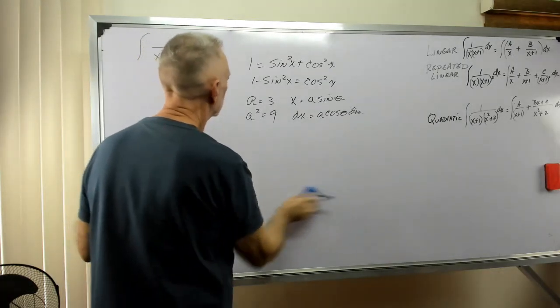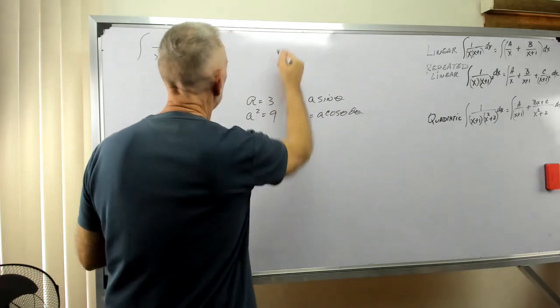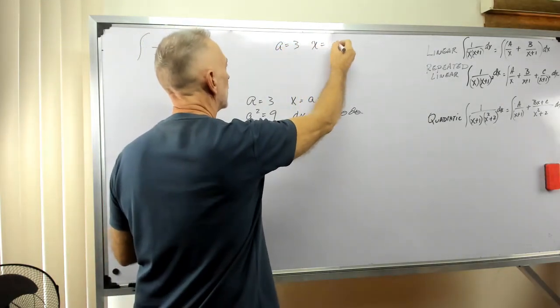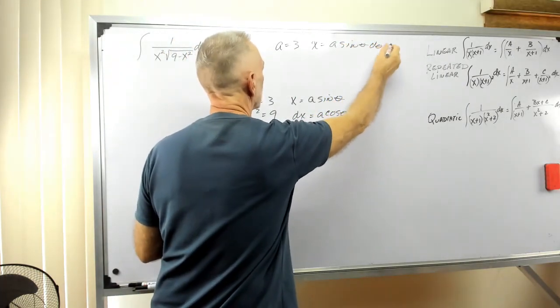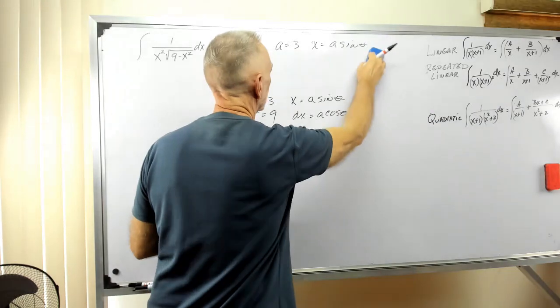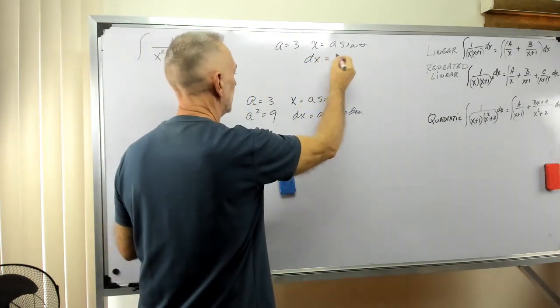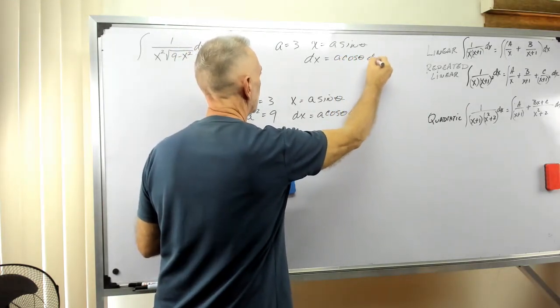Okay, so now then we have a equals 3, x equals a sine theta, and dx equals a cosine theta d theta.